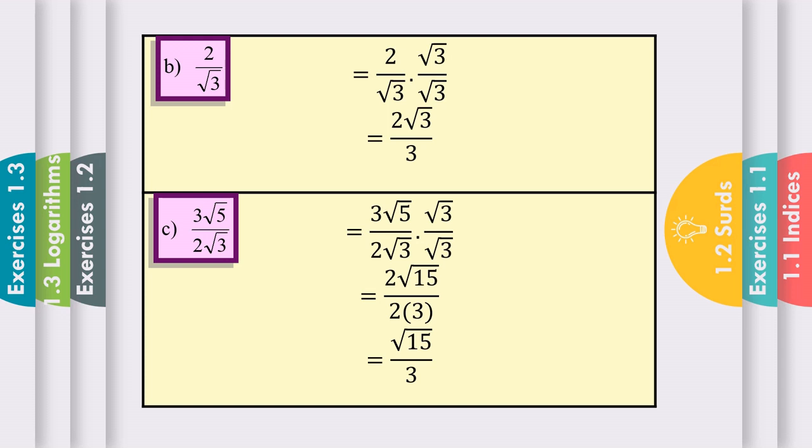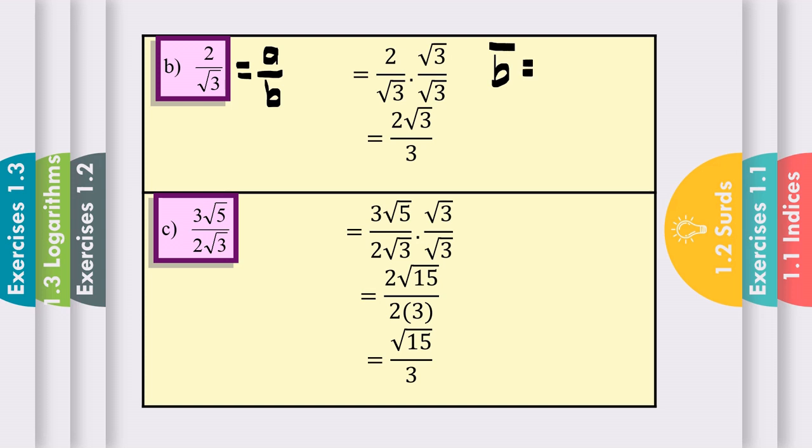Example b. 2 over square root 3. Still we can write it in the idea of a over b, and we have to identify the conjugate of b.